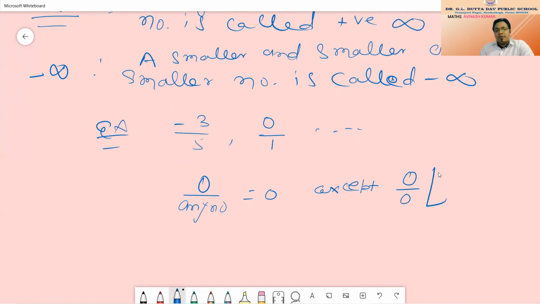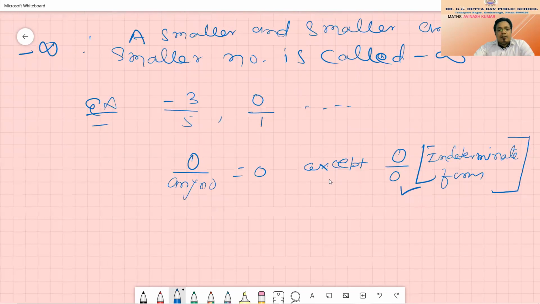This is called indeterminate form. Students, we will study indeterminate form in class 11 in the chapter on limits. We will discuss the limits chapter also in my next video.